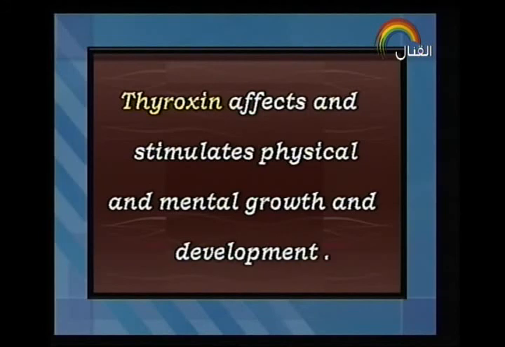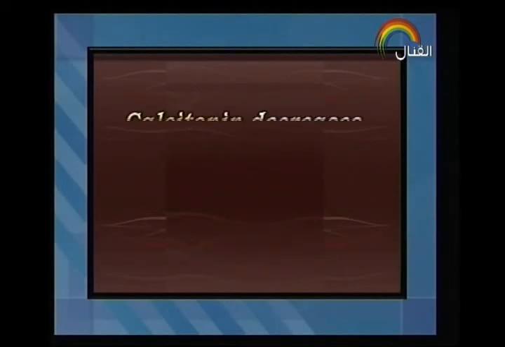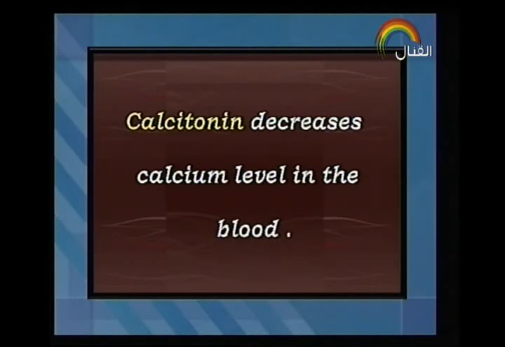Thyroxine hormone has an important role for what? For liberating energy inside your body, and it stimulates the physical and mental growth and development inside your body. What about the calcitonin hormone? From its name, calci, it controls the calcium. Got the meaning?